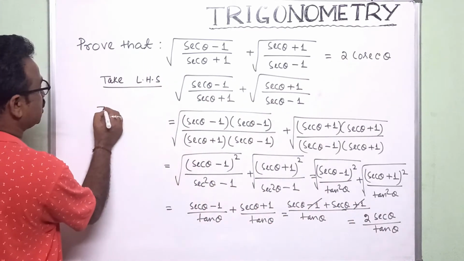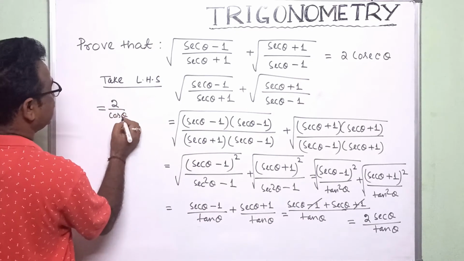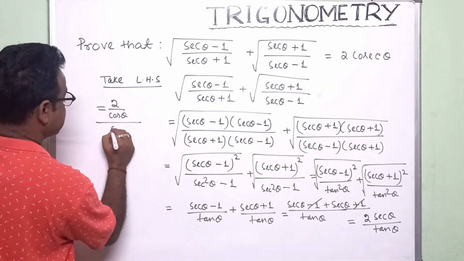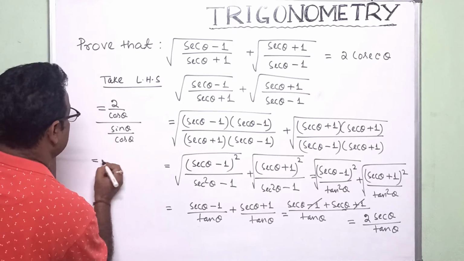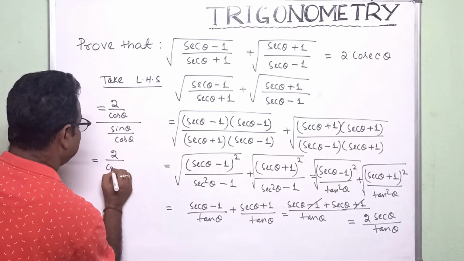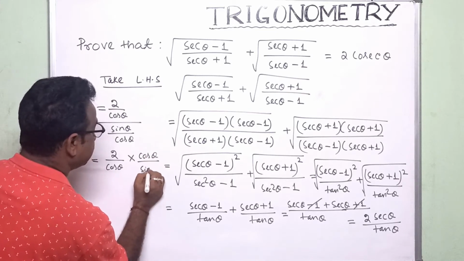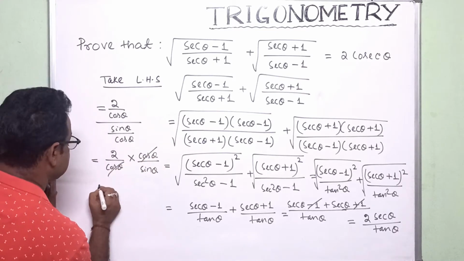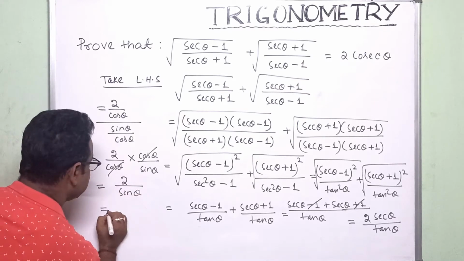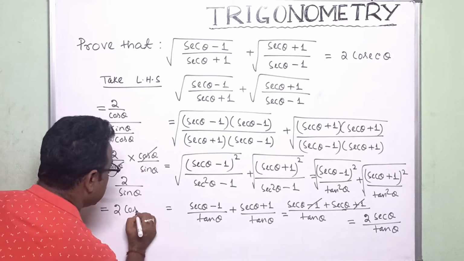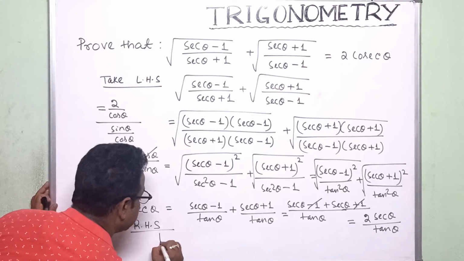That is equal to 2 by cos theta whole divided by sin theta by cos theta, which is 2 by cos theta into cos theta by sin theta. Cos theta cancel. That is equal to 2 by sin theta, that is 2 cosec theta. RHS proved.